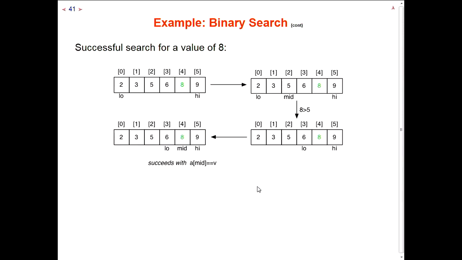Suppose you have that sorted array and you're looking for value 8. Now, knowing that the array is sorted, you don't have to go from left to right. You can compute the middle element, which, depending on how we implement this, would be either this element or this one. Let's say we round down, and then we see that the element we are looking for, 8, is greater than 5.